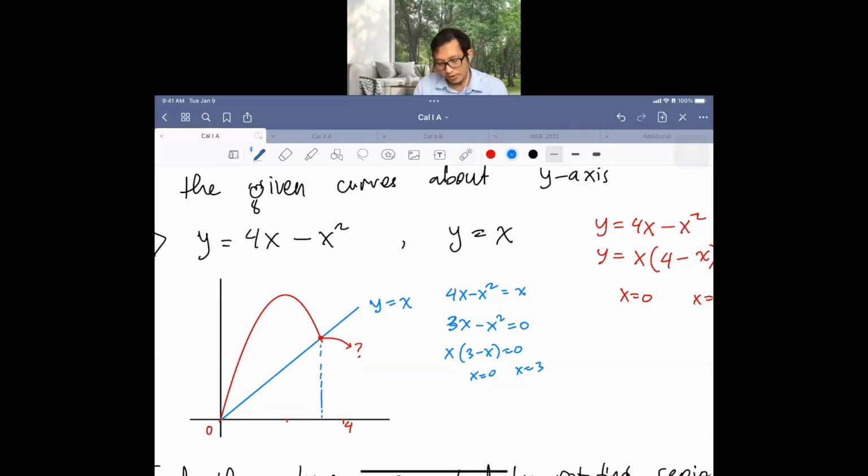Our drawing is pretty close, so this should be our x equals 3, and y equals 3, so (3, 3) is our point of intersection.